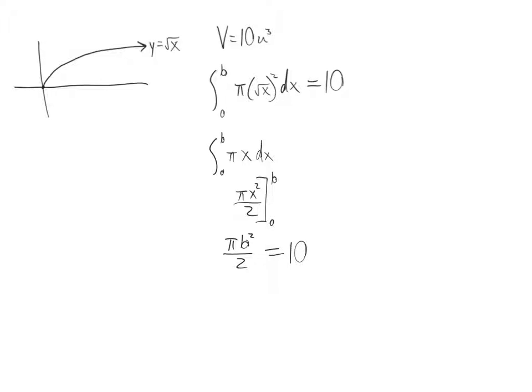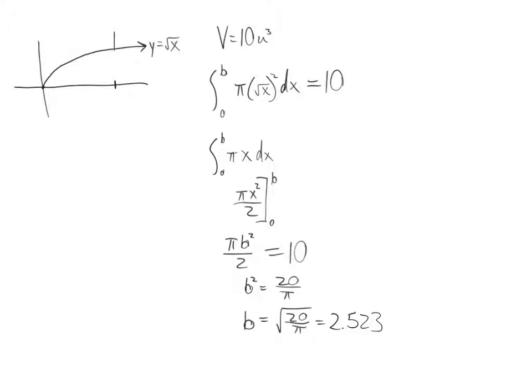So we solve this and we get b squared equal to 20 over pi, and so therefore b is the square root of 20 over pi, which is 2.523.